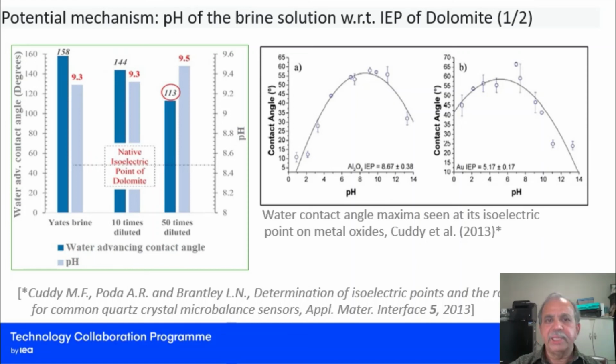And dolomite IEP, isoelectric point, is around 8.5 pH value. At that 8.5 pH value, there is evidence that the water film collapses and the oil contacts the rock and becomes oil wet. As you move away from it in either direction, the wettability shifts towards intermediate wet, or less oil wet, so to speak.